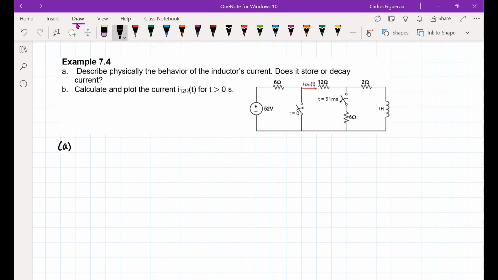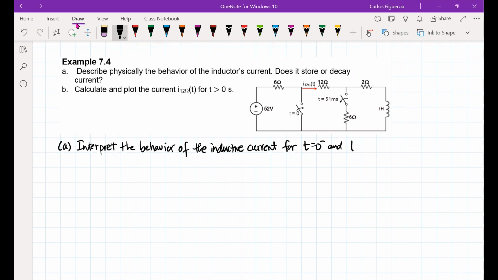I want to interpret the behavior of the inductive current for t equal to 0 minus and t equal to t infinity.